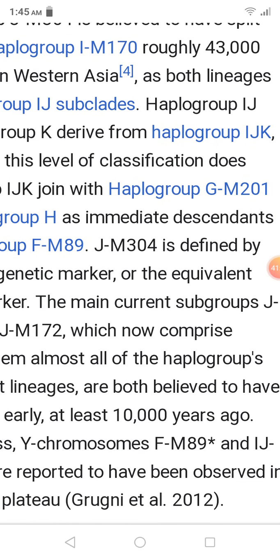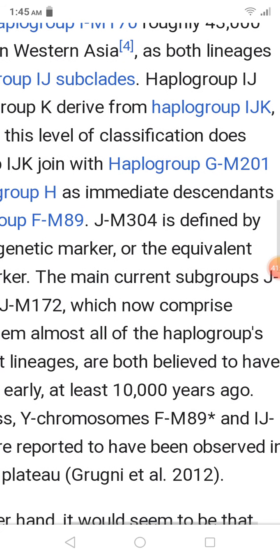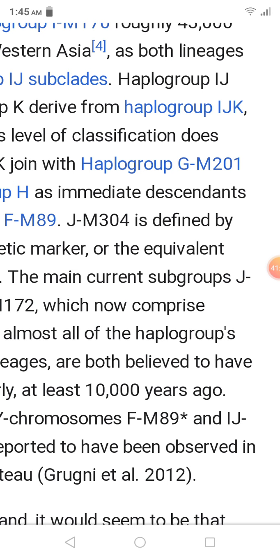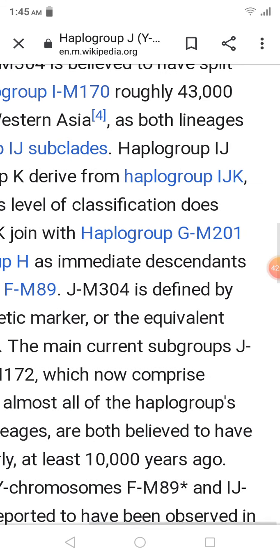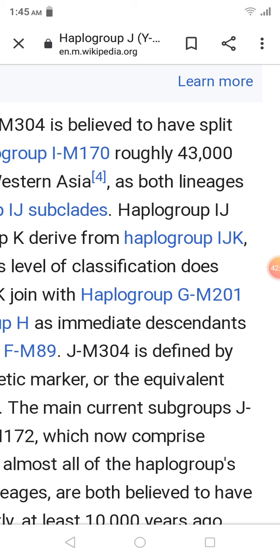Now, so you have G, and then you have I, you have H, you have a few other groups. So a lot of these groups of Japhetic people that are in the front end of this grouping of people, these are your pale complexion people.